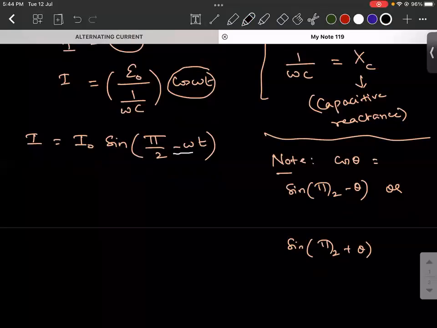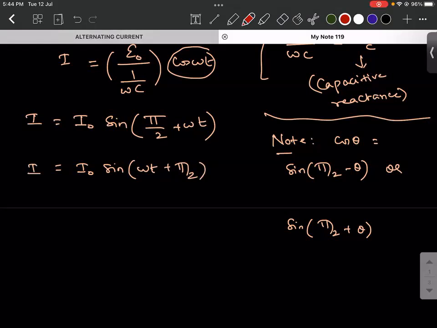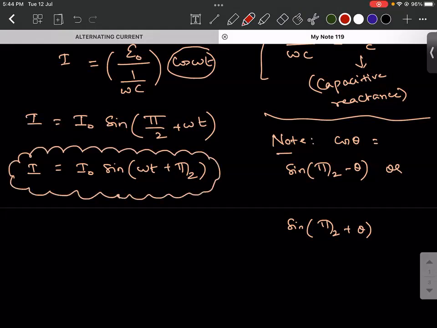So I need to ensure that it is a plus. For that, I should not write it as pi by 2 minus omega t. Rather, you should write it as pi by 2 plus omega t. When that is the case, I can rewrite this as I is equal to I naught into sine of omega t plus pi by 2. Is this point clear? From this, we can understand one important point.